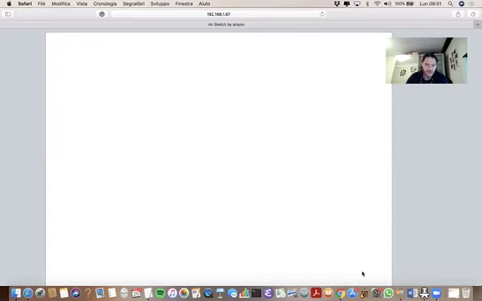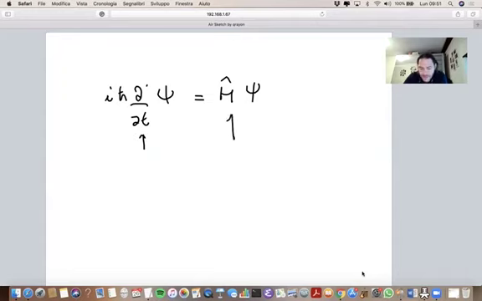I'm going to say, okay, let's look at the Schrodinger equation. If I look at the Schrodinger equation, I know that the Hamiltonian on the right-hand side, remember, the Hamiltonian is the physical interpretation of the energy, and the quantum Hamiltonian basically gives me, at least for the plane wave, the energy starting from the plane wave.